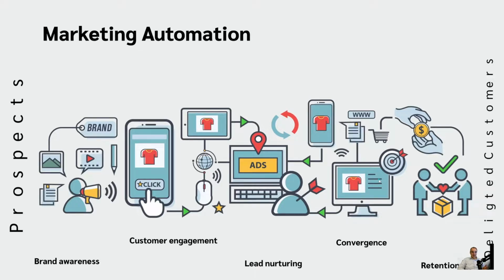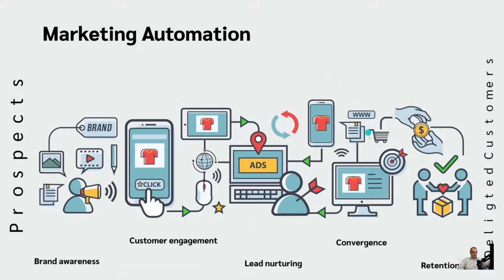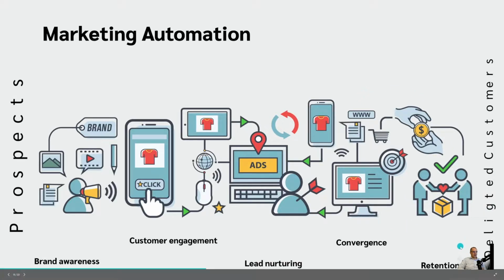Artificial intelligence can be used here in advanced configuration modes where the lead nurturing is automated based on the behavior of clients and those who convert. The AI engine will monitor what specific elements or correlations lead to better conversions, and then optimize the lead nurturing process to maximize conversion. And finally, the retention part.